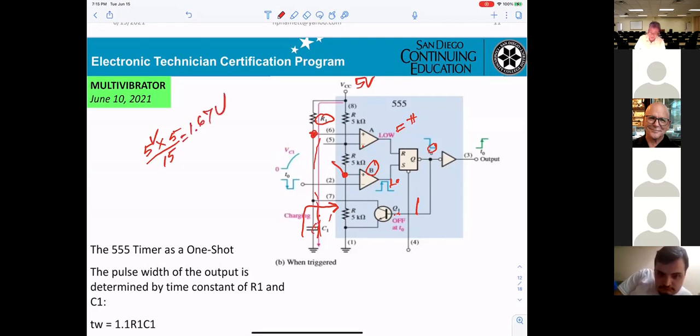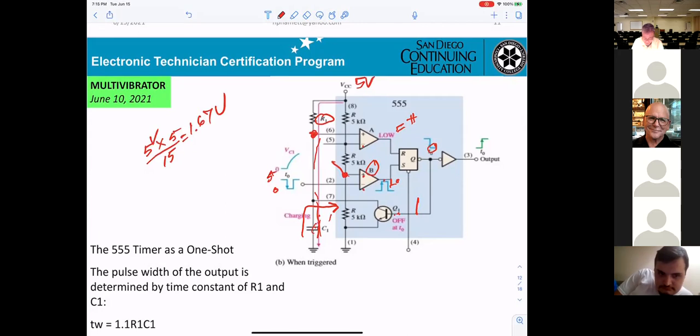So basically when you apply the force here, you can get 5 volt and 0. When you get 1.6 volt here, if you get a 0 here, that means this positive is higher than negative, so the output will be high.